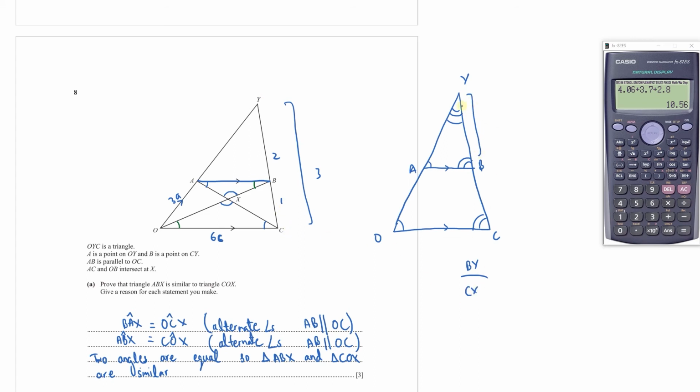So this ratio should equal the ratio AB over OC, because these are corresponding sides of similar triangles. BY over CY: BY is 2 and CY is 3, so this will be 2 over 3.